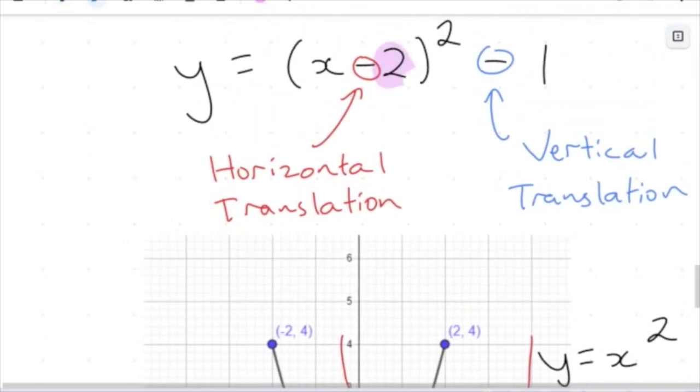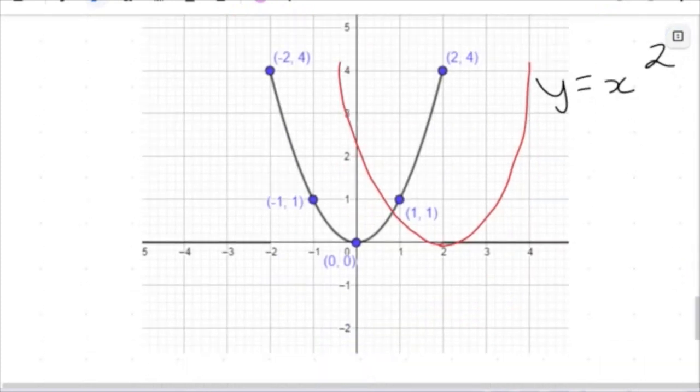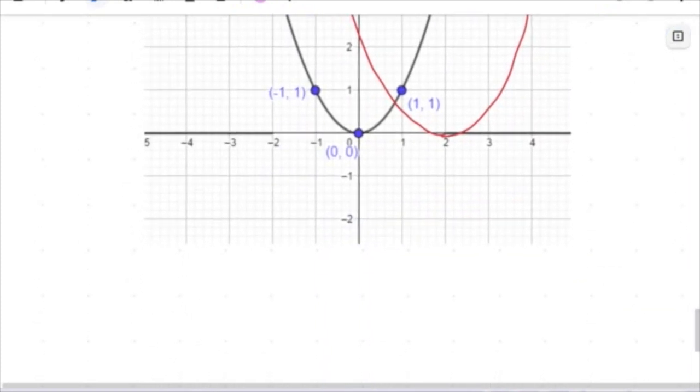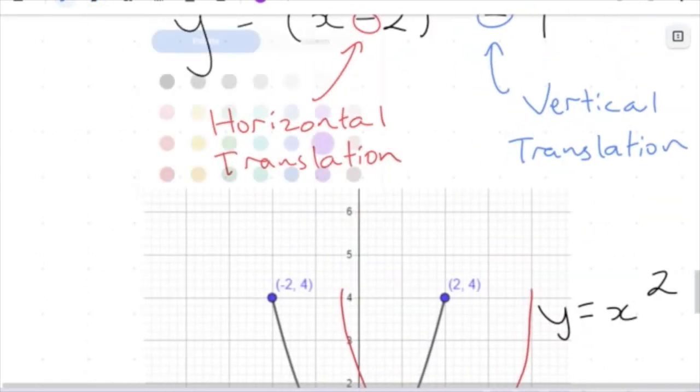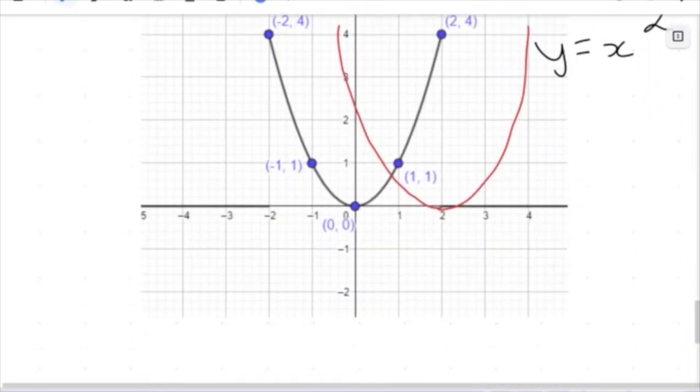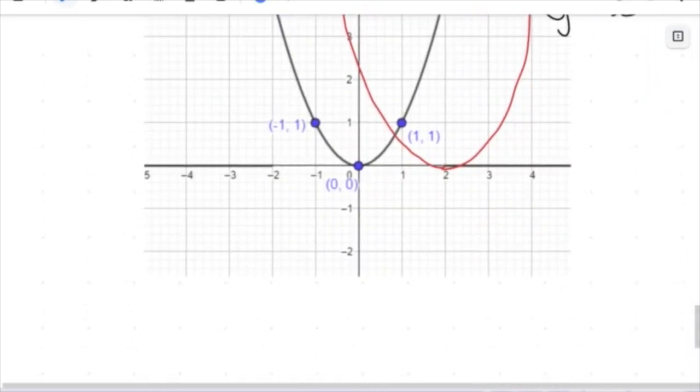Remember, we're shifting by however many units this number is in value. And I have a negative here, so I'm going to be shifting this down, because with the vertical translations we go in the same direction as the sign. So I'm going down by 1. So that means my turning point here at 2, 0 is going to get shifted down 1 to here.